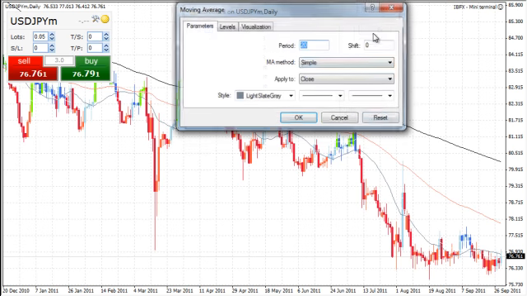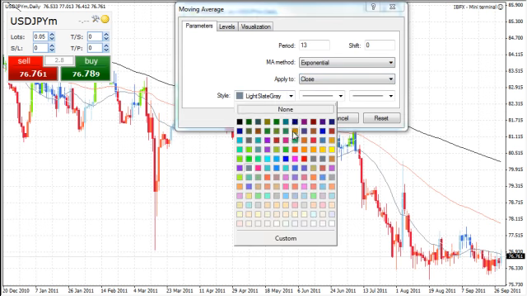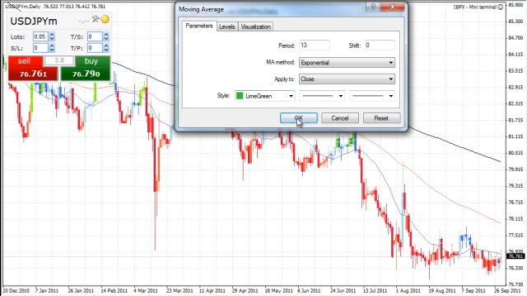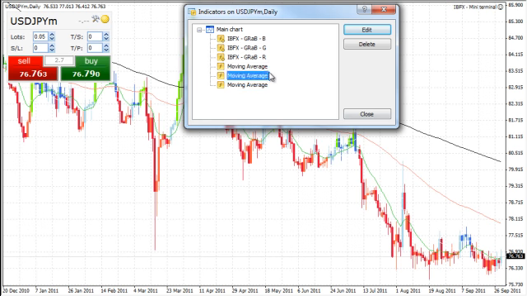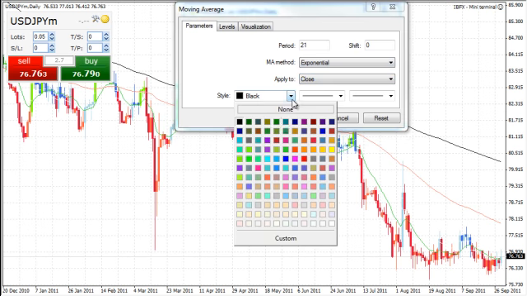The moving averages you are going to need are the 13 period exponential on the close, and I actually like to paint this one lime green. The other moving average you're going to have is a 21 period exponential on the close, and I paint this one green.